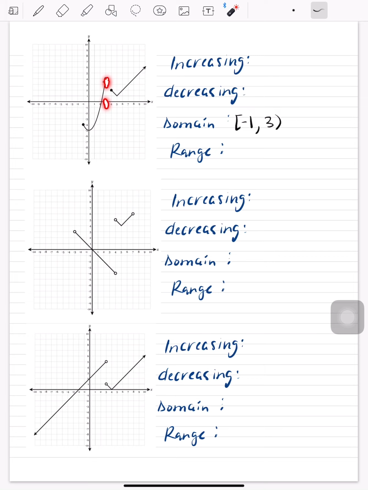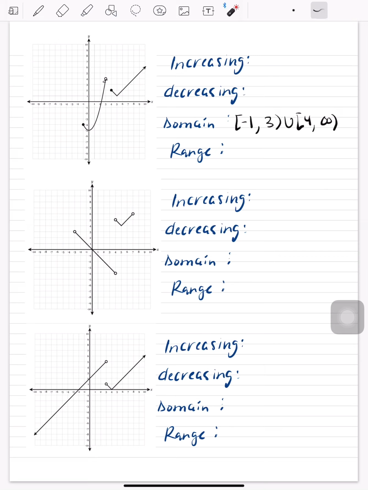So at 3, there's an open circle, so that's a parenthesis. And we continue to go. If you notice, between 3 and 4, there's a gap. So we're going to union. And then we start back up at 4, and the graph continues to move on to the right, to infinity. And so that should be your domain.